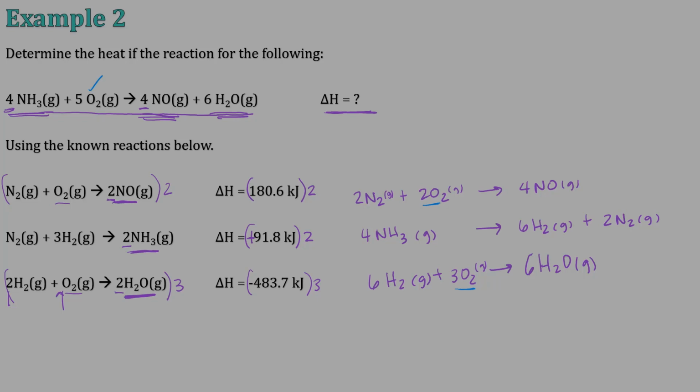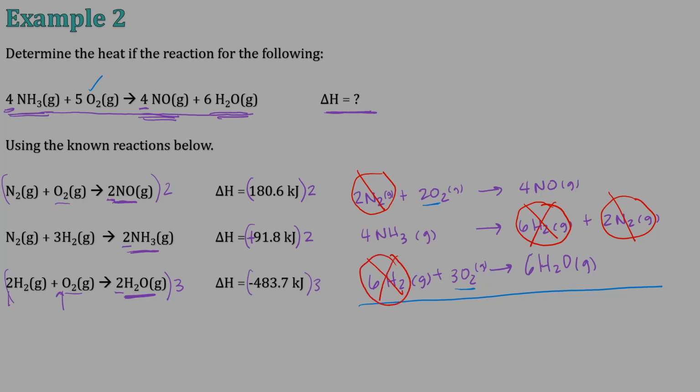All right, now what I'm going to do is add all these up and make sure that I get the reaction that I want. The first thing I see is my N2 right here and my N2 right here. There's two of them. One is on the reactant side, one is on the product side. They cancel out. And then I see hydrogen on the product side and hydrogen. There's 6 of them, so they cancel out. And then that should lead me to my reaction.